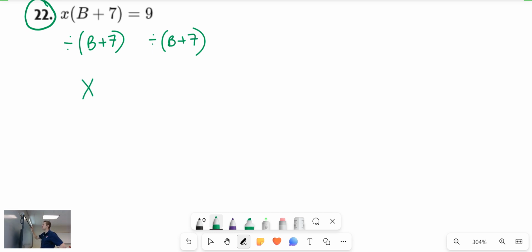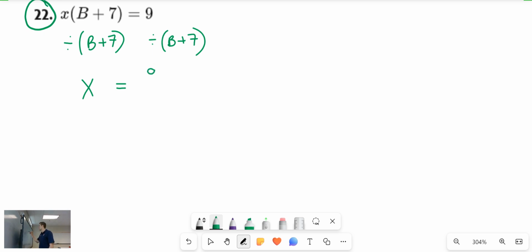If we get rid of the b plus 7 from the left-hand side, all we're left with is x. The other side might be a little bit messy, but that is okay. We can deal with that later if we need to, but in this problem, we do not need to.